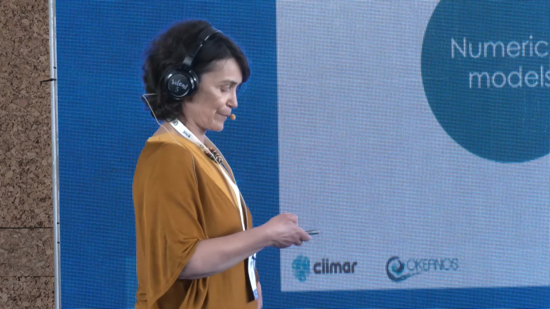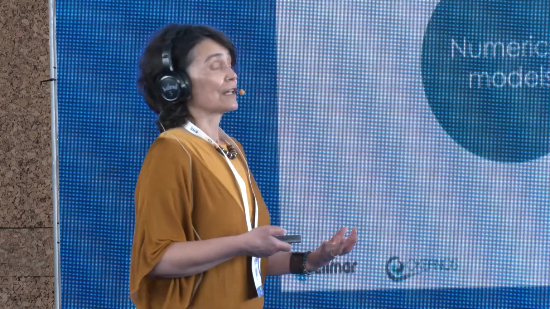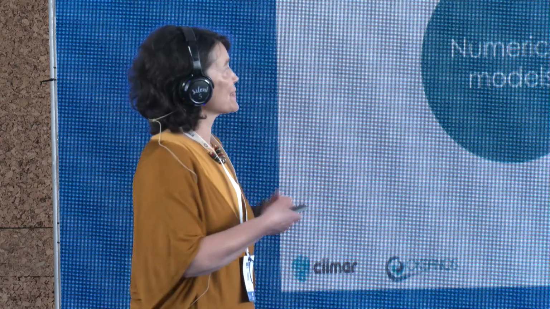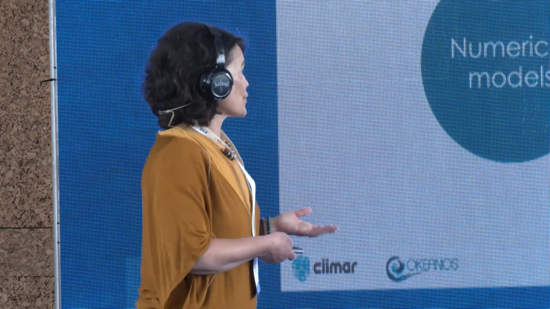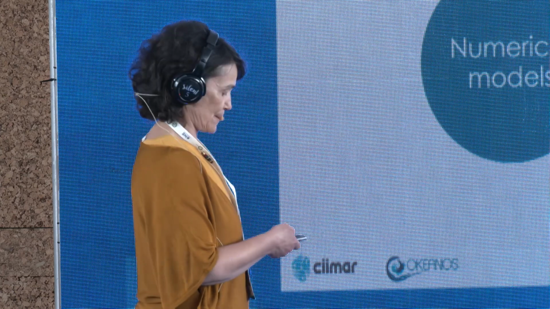So we think this is ideal if we want to test what-if scenarios that can support decision making. And of course, this is paramount for environmental risk assessment. So that's why we think these tools are so useful for this process.